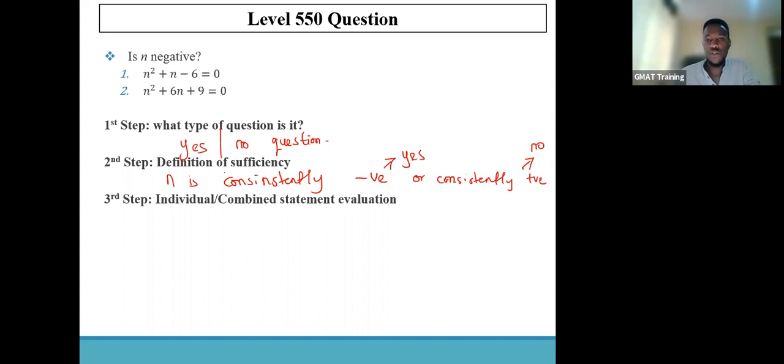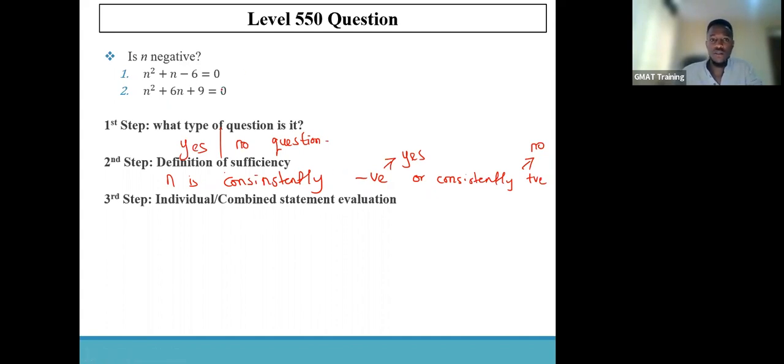So after we've defined our sufficiency, being that a sufficient statement is one that responds to the question stem as consistently yes or consistently no, we can then move on to evaluate statements, and we begin with the first statement. We don't jump to combine the statements, we go statement by statement.